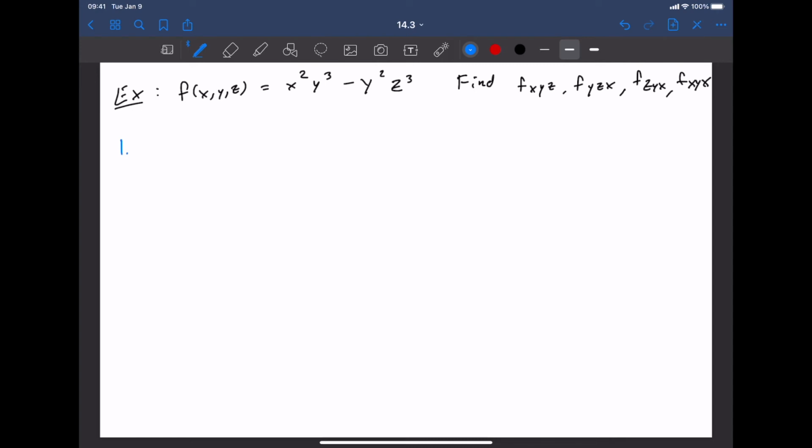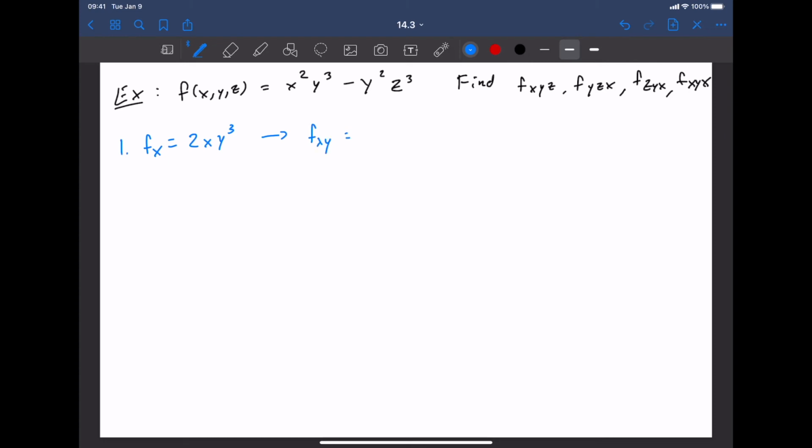So the first guy, try it out yourself. I'm going to get started on it now. 3, 2, 1. What's our first derivative? X. I would get 2x y cubed. That's it. Then I want to take the derivative with respect to y.